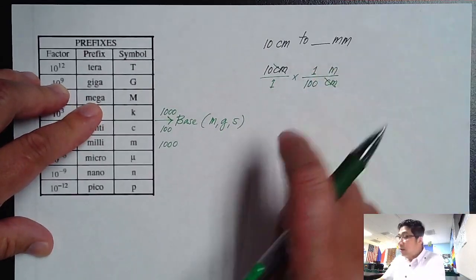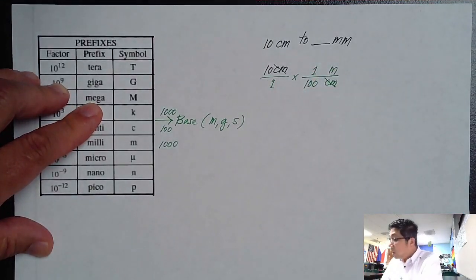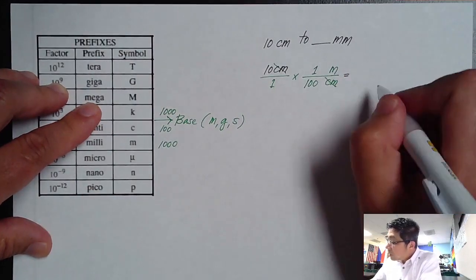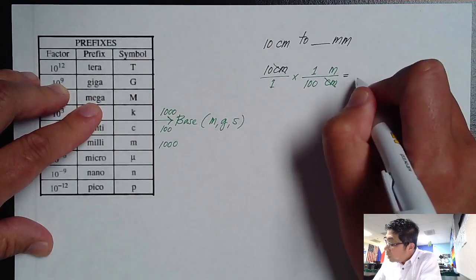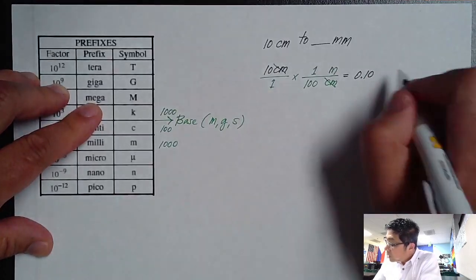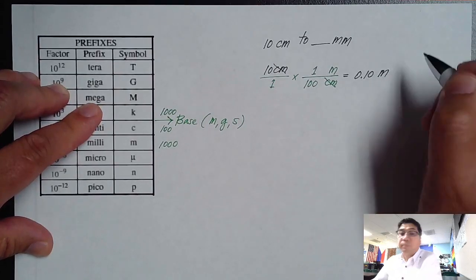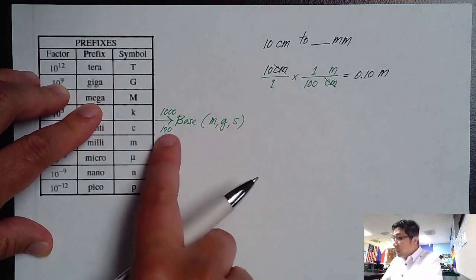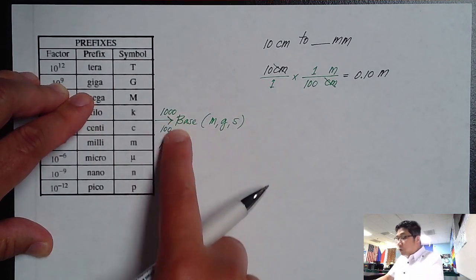So let's divide our 10 by 100. Now we have our answer, which is equivalent to 0.1 meter. Okay, so 0.1 meter. Now that we're in the base, we can go back to milli.